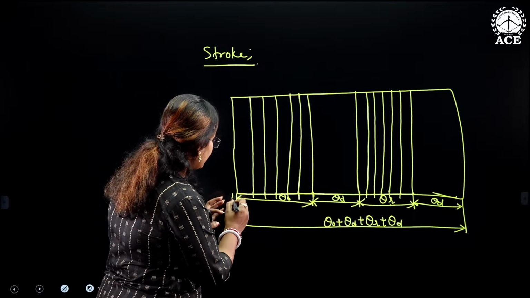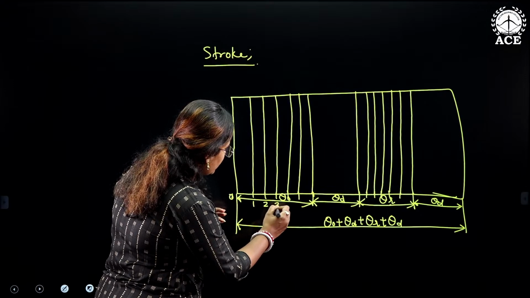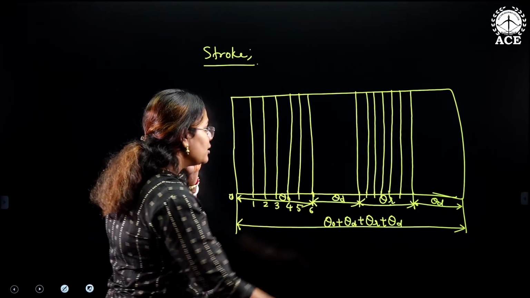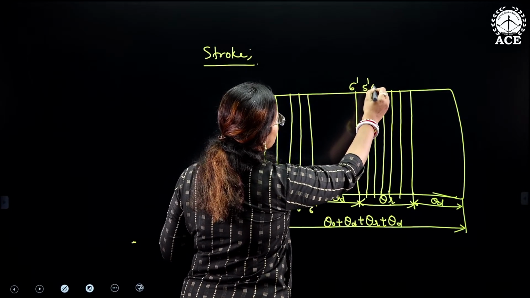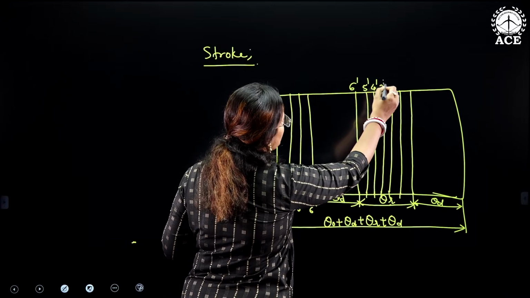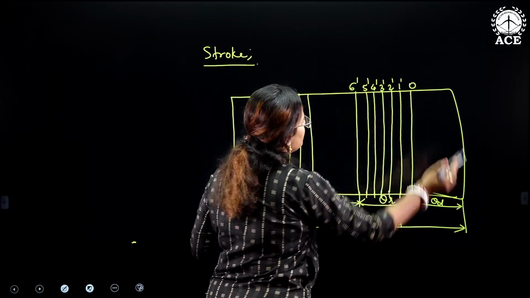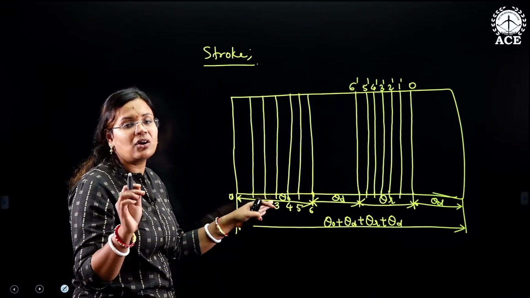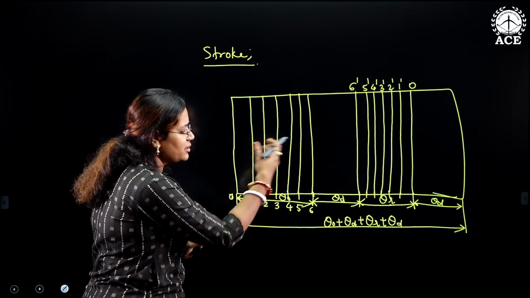Here, let us write down to be 0, 1, 2, 3, 4, 5 and 6. Here we will write it, let us say 6 dash, 5 dash, 4 dash, 3 dash, 2 dash, 1 dash and 0. Okay. So this third line being the center, or let's say center line, because we have 3 divisions here and 3 divisions that side.